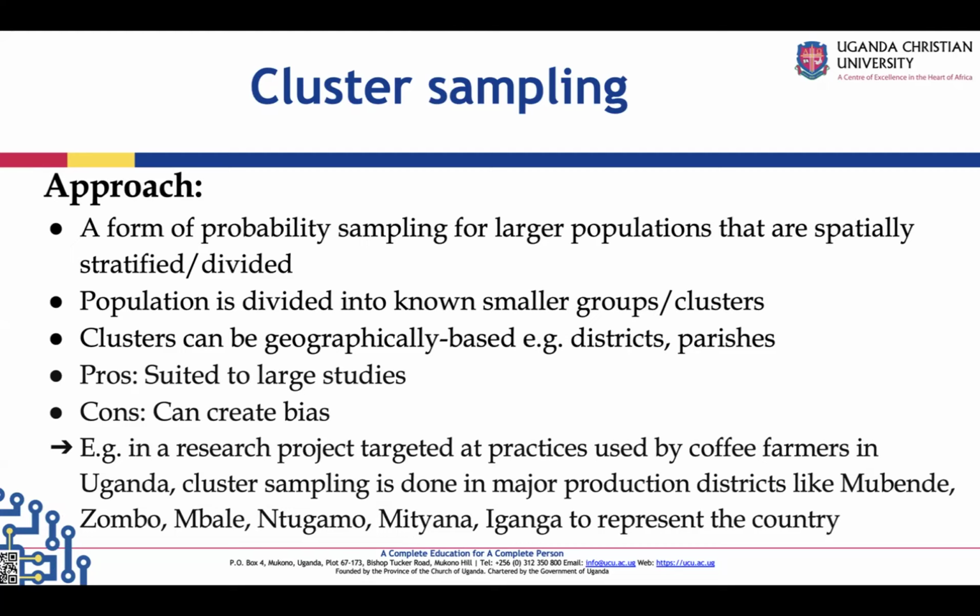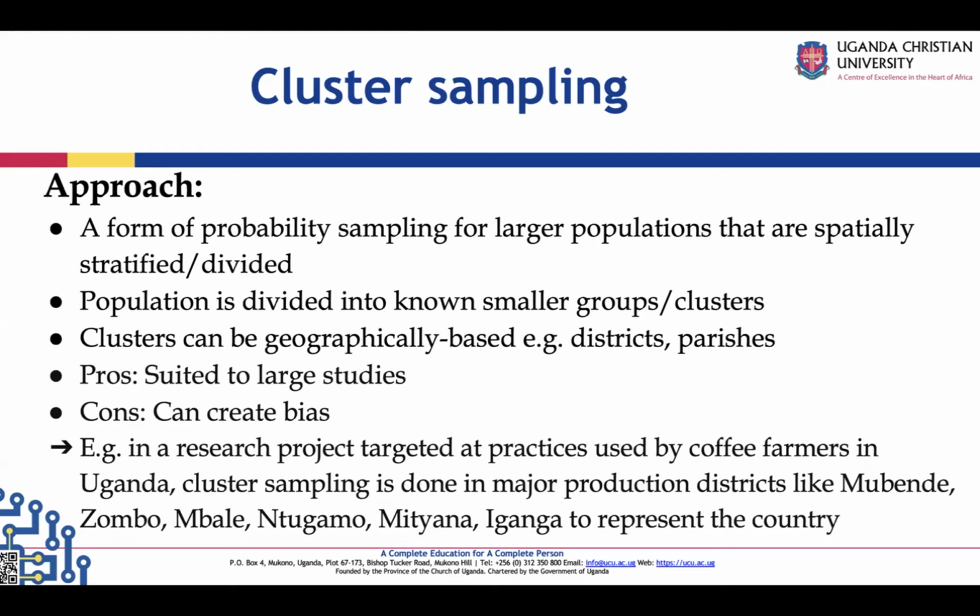They do have the advantage of being more robust towards larger populations or larger groups and larger studies. However, they can also create bias, especially if you've chosen the wrong groupings, okay?